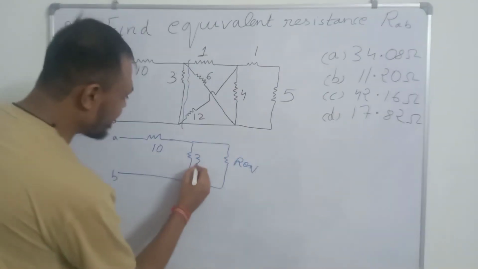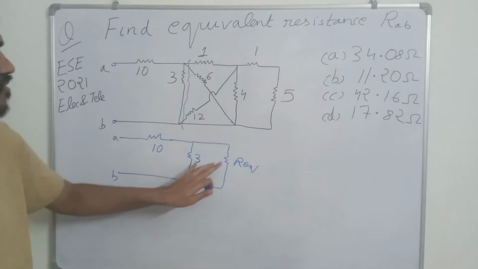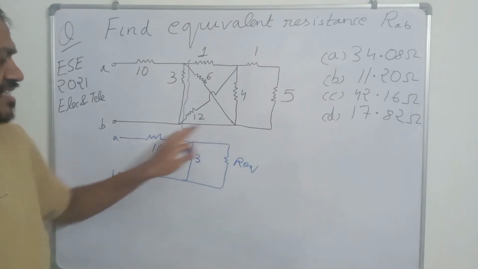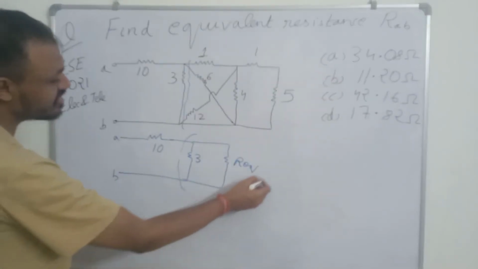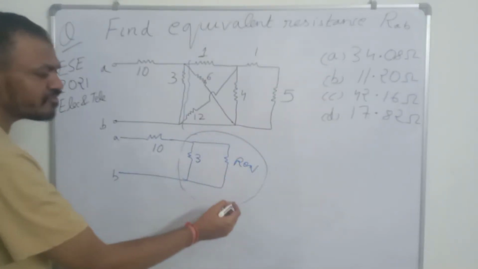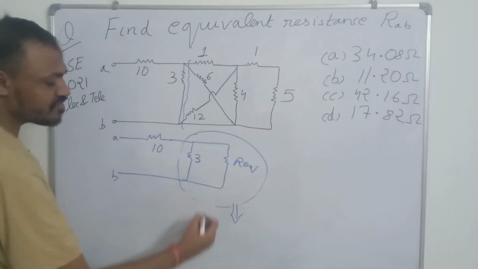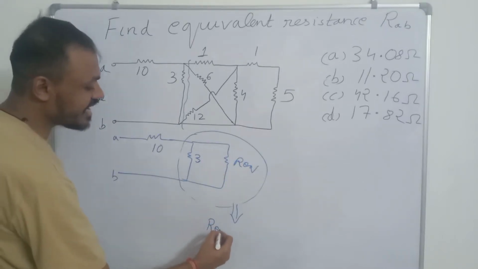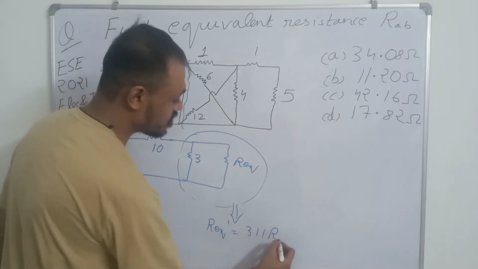So when you find the parallel combination of 3 and R equivalent, the whole equivalent of this 3 ohm and R equivalent will obviously be less than 3. The equivalent resistance of this, let's call it REQ dash, is equal to 3 in parallel with REQ.